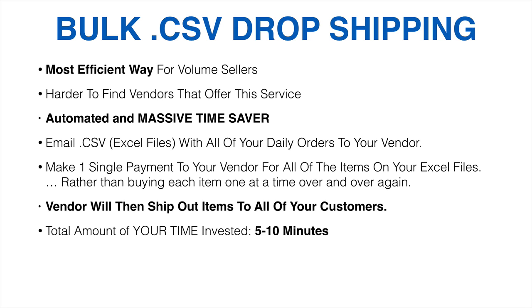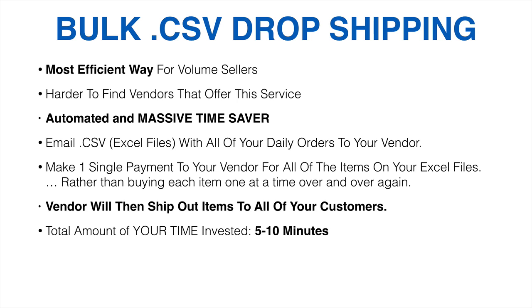All right, so this whole process of bulk CSV drop shipping takes about 5 to 10 minutes out of your day. Now, to order 20 items one by one might take you about 30 minutes or so. Whereas I could have 1,000 different products ordered, paid for, and shipped out with 5 minutes of my time if I'm using the bulk CSV drop shipping method.